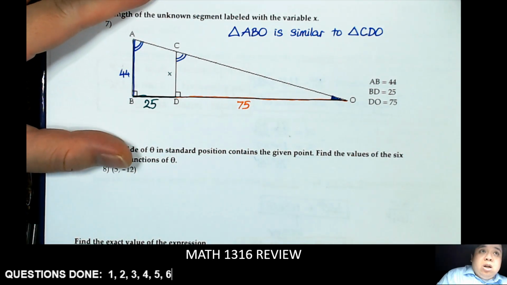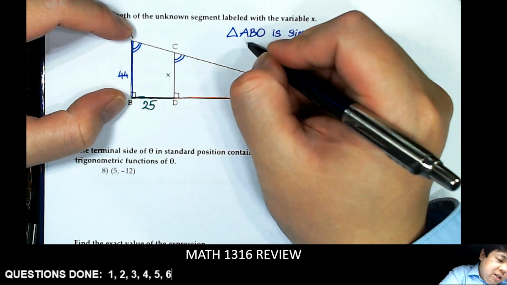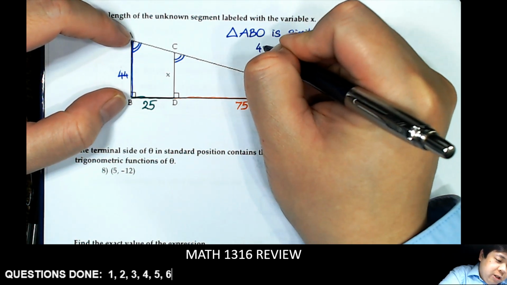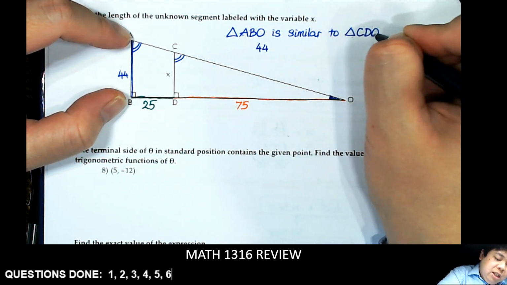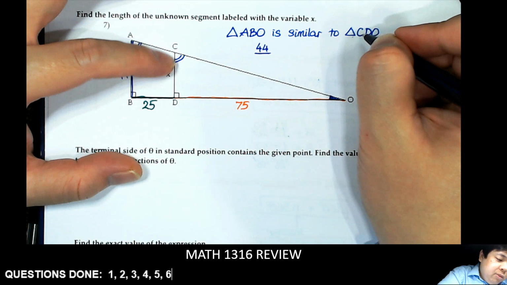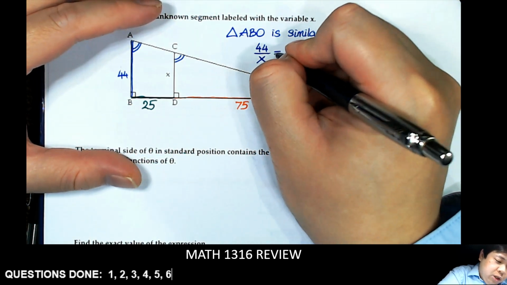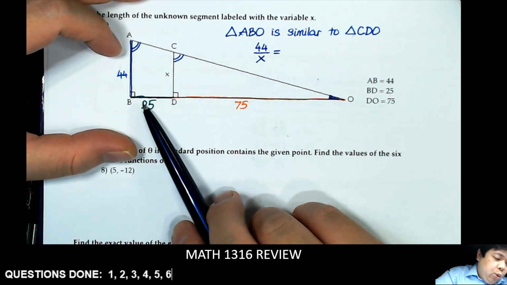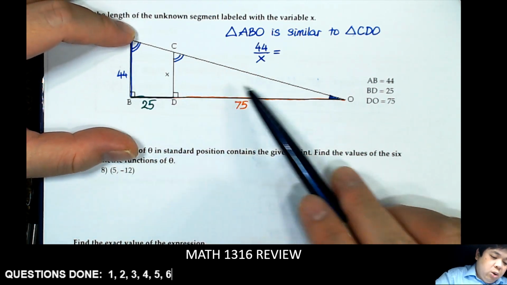They are similar, so the ratio of the sides would be AB, which is 44, over CD, which is x, equal to, we have to use some length that we know in triangle ABO.